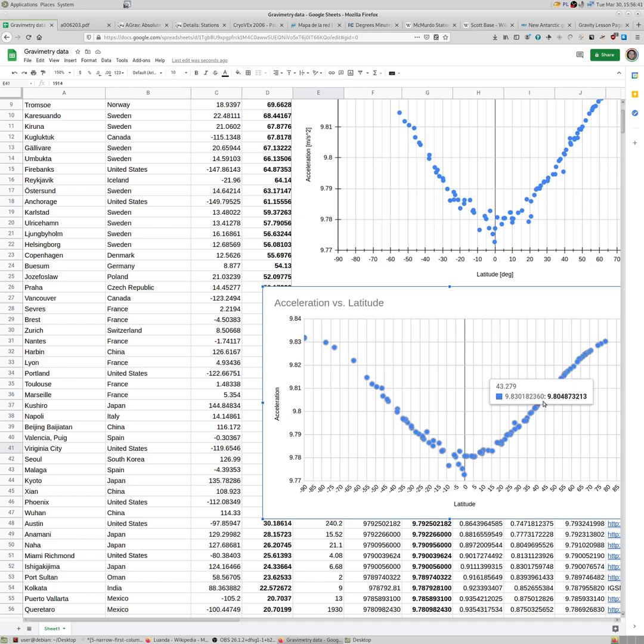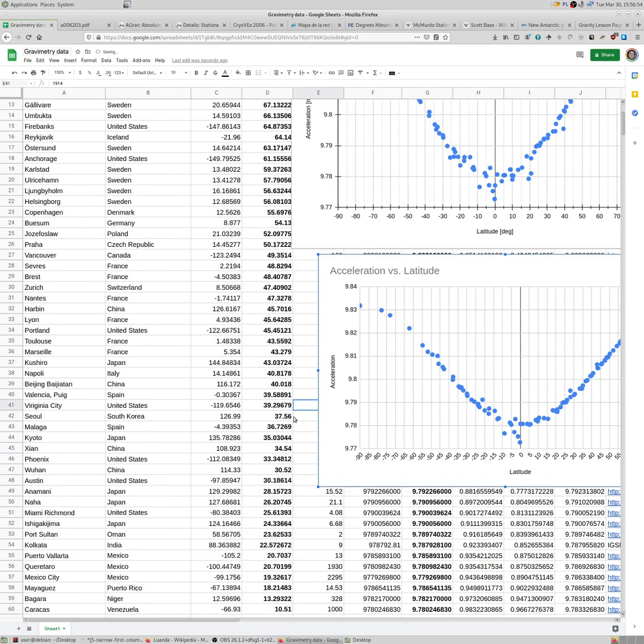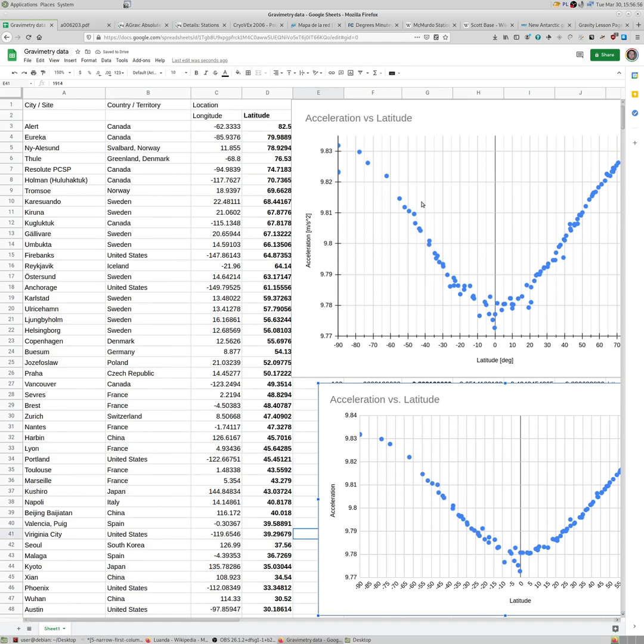Yeah, it's on a line. There are still some cities here that are not explained by this correction, but the latitude explains it very well, and then correction by height makes it even cleaner.